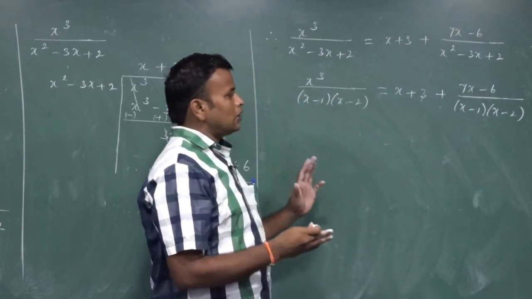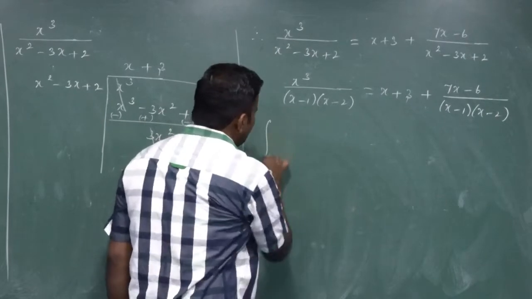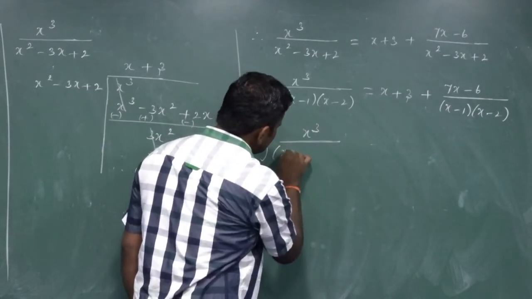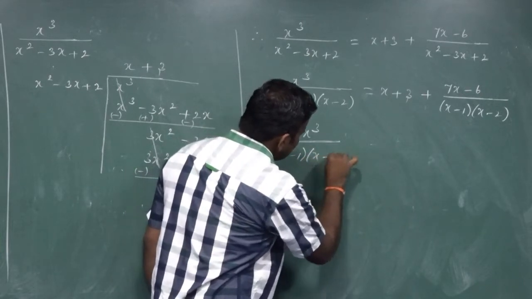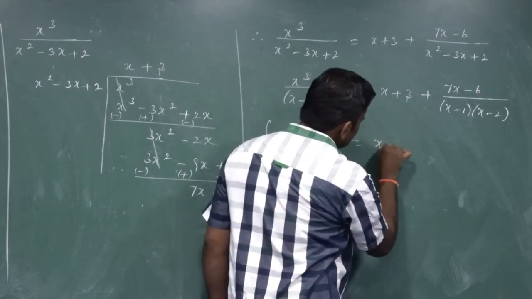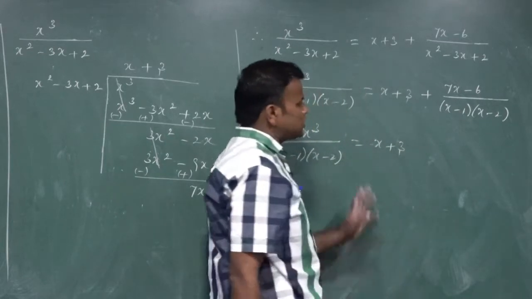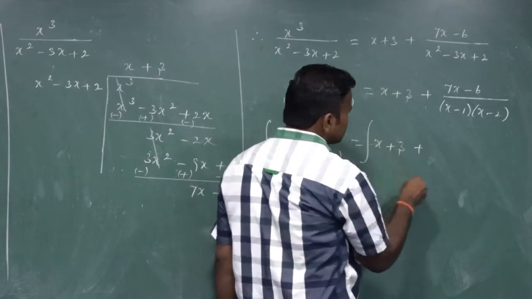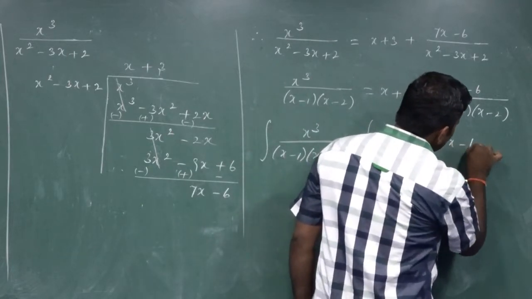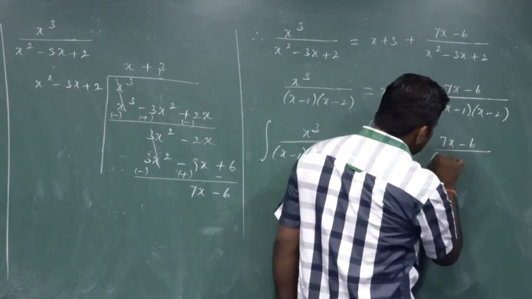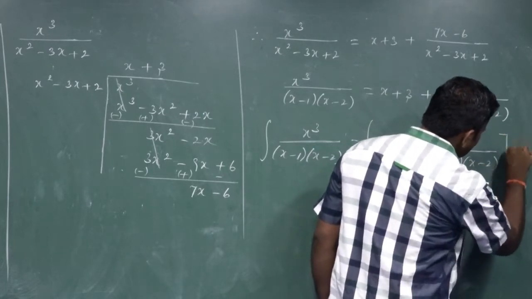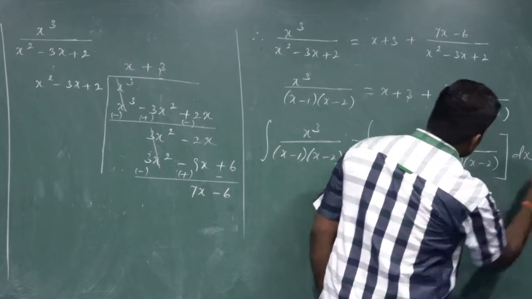Now integrating on both sides, the integral of x cubed divided by (x minus 1)(x minus 2) is equal to the integral of x plus 3 plus (7x minus 6) divided by (x minus 1)(x minus 2) dx.